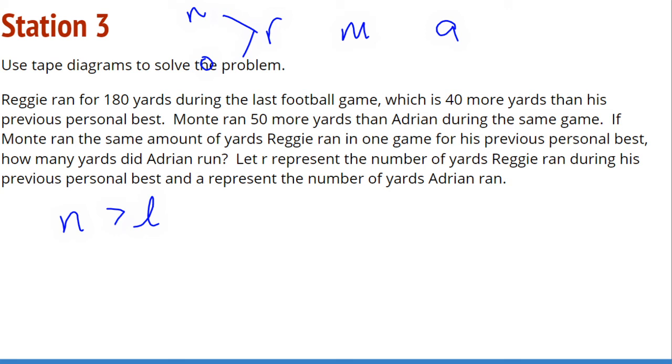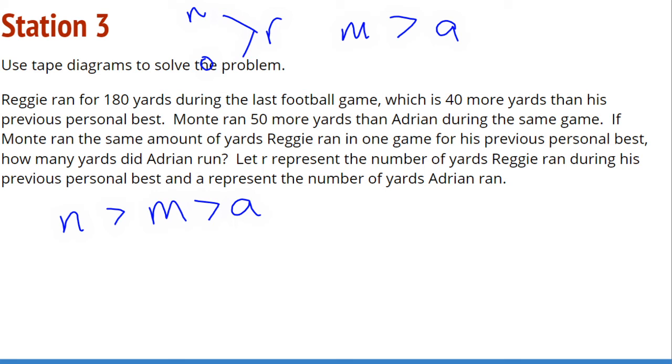So Monty's is going to be more than Adrian's. But Monty's is also equal to the old personal best. So Monty is equal to the old personal best. I'm going to replace my old with Monty there, who is going to be greater than Adrian.